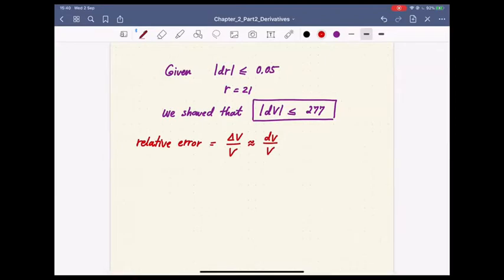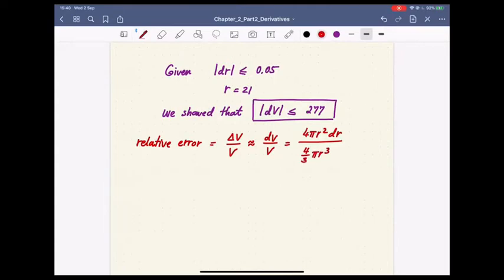For this question, dV is going to be 4 pi r squared dr. We just computed it on the previous slide. And V is going to be 4 over 3 pi r cubed.